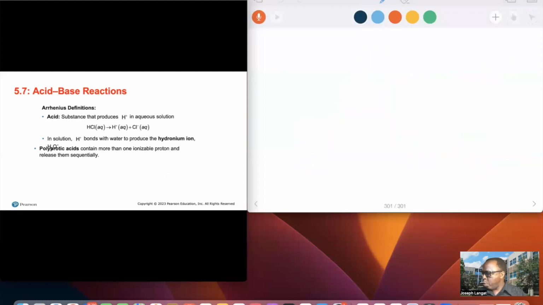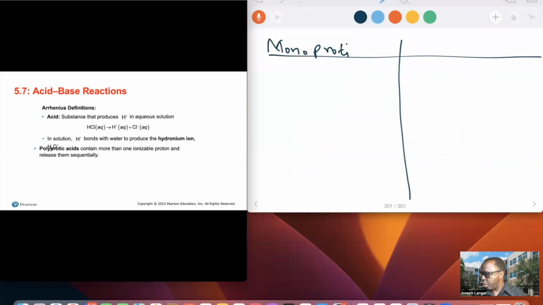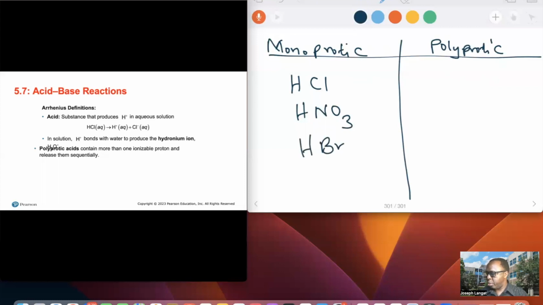Now, we have what we call monoprotic and polyprotic. You should know that an acid can be monoprotic or polyprotic. Poly for many, mono for one. Anything that can produce only one hydrogen ion, for example nitric acid, hydrochloric acid, hydrobromic acid, these are monoprotic. But polyprotic include acids such as phosphoric acid and sulfuric acid, H2SO4.